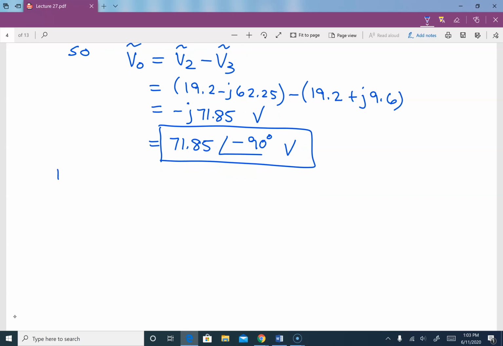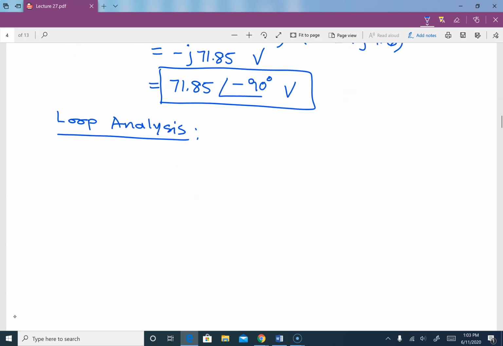So now we can go to loop analysis. In loop analysis, we said that first you need to assign the loop currents, whether you go counterclockwise or clockwise, that doesn't matter, or you can mix them.